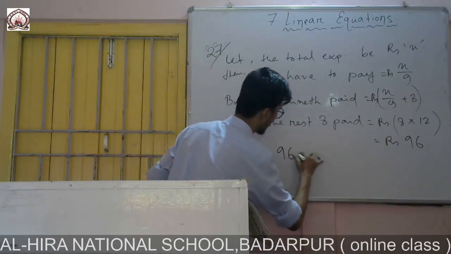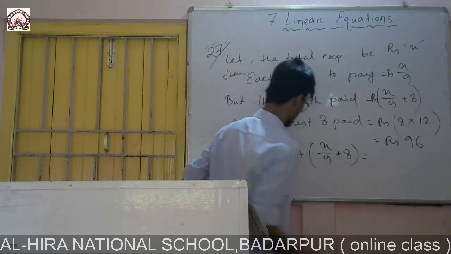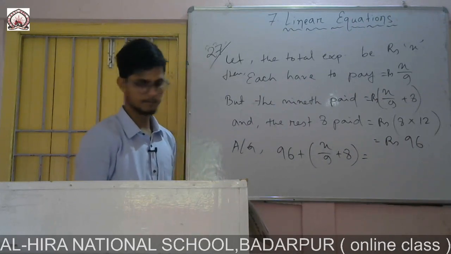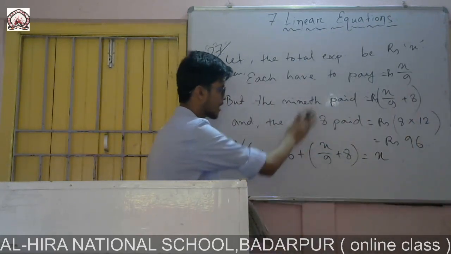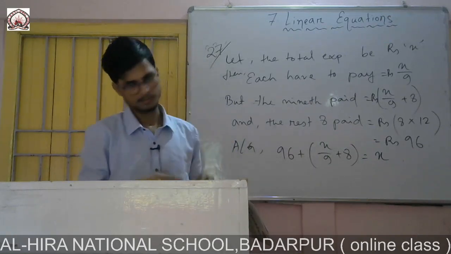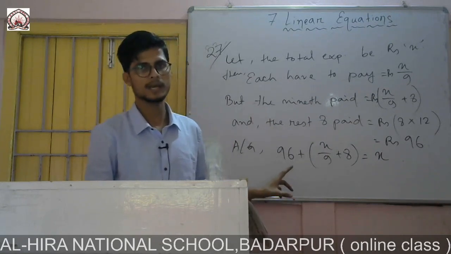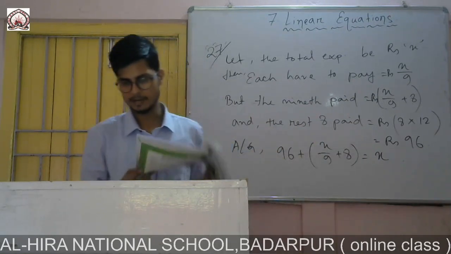So I can write 96 plus x by 9 plus 8 equals the total expenditure, and the total expenditure is x. So now you solve this one, you will find the value of x and you will get the total amount.